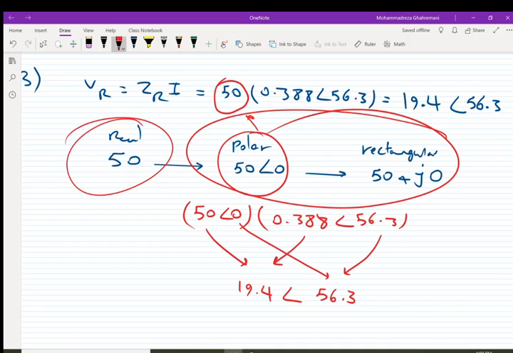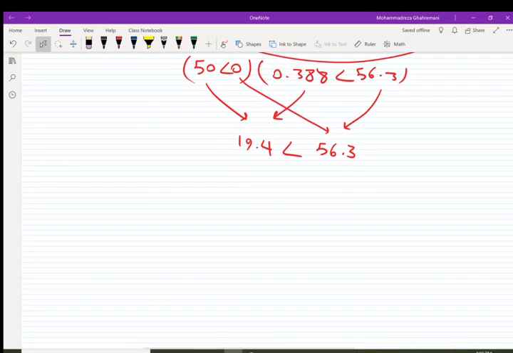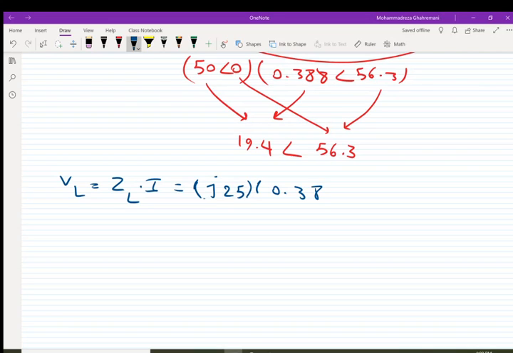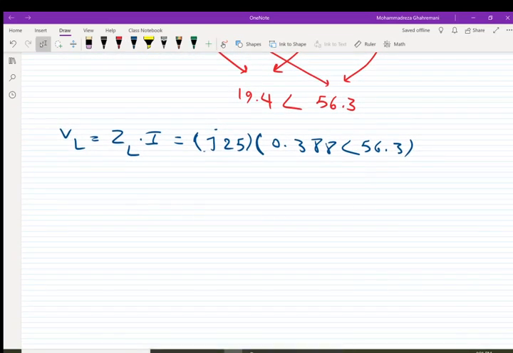Okay, so let's move and find the voltage across the inductor. VL of course is ZL times I. ZL was J25 times 0.388 with the angle of negative 56.3. Again here we want to multiply these two numbers.